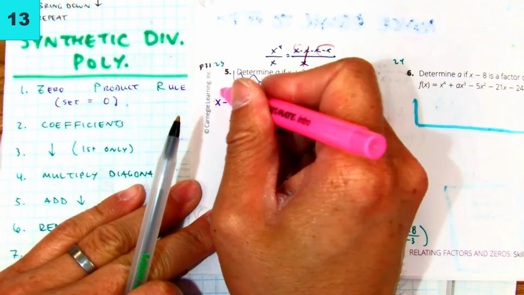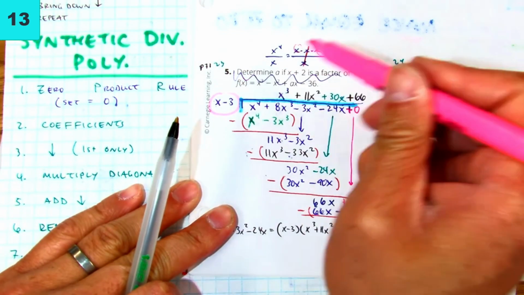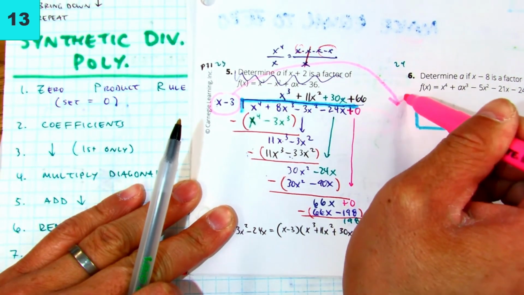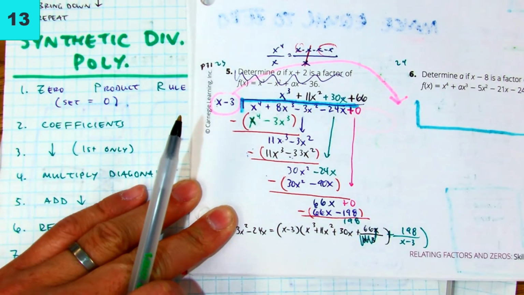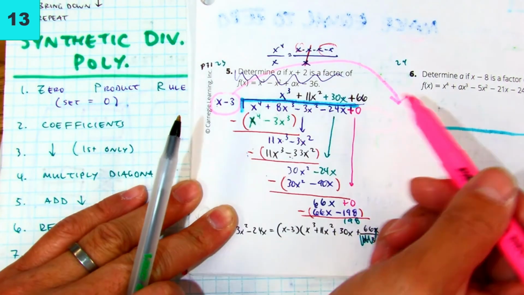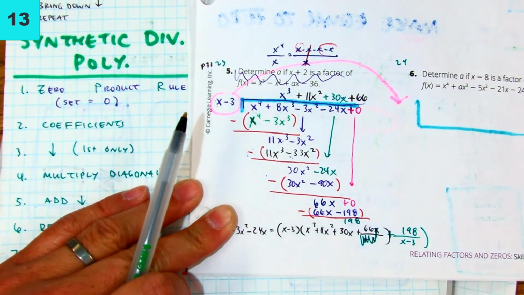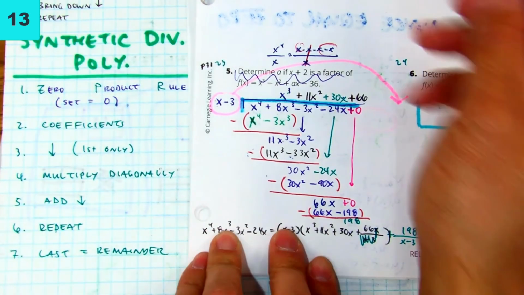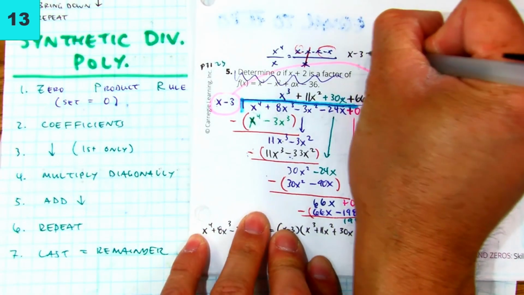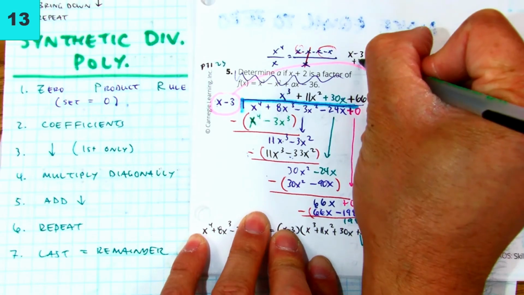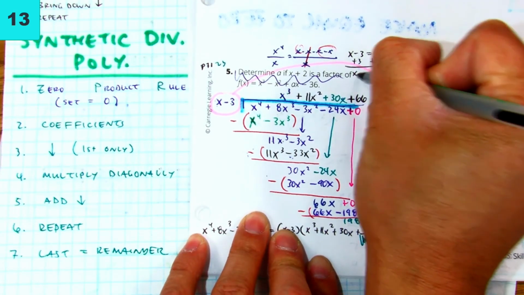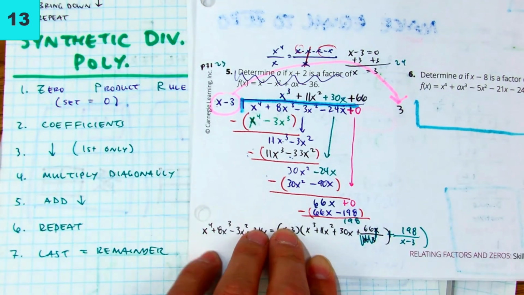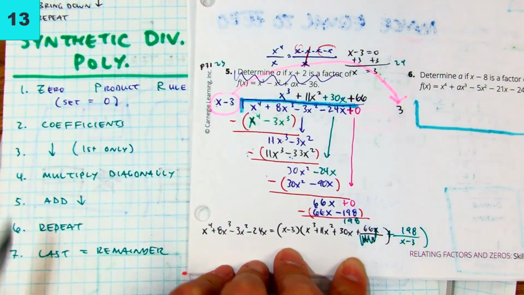What that just basically means is we're turning this factor into a 0. Partner A, remind your partner, how do you make a factor a 0? Ready, set, go. If we set it equal to 0, class, then x is equal to 3. So I'm going to write a 3 here on the outside. So we just did that one.